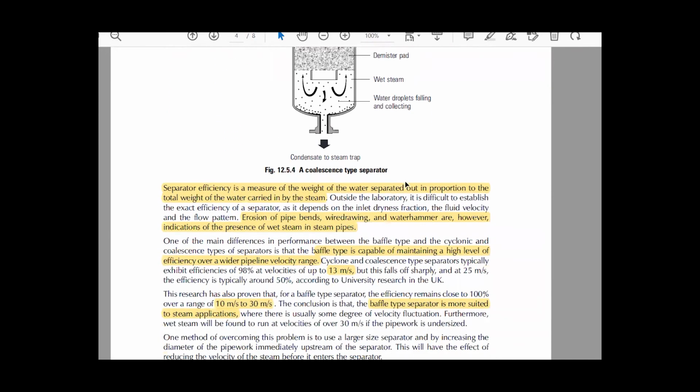And separator efficiency is the amount of water removed to the total amount of water in the steam. The water in the steam may cause corrosion, water hammering, erosion, and may cause damage to the plugs and seats of the valves.